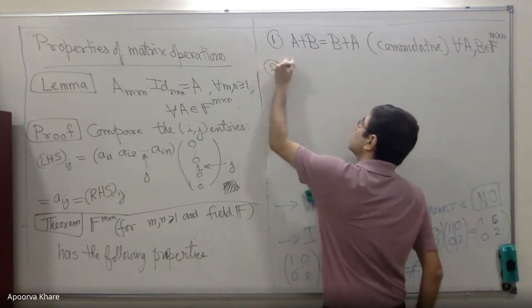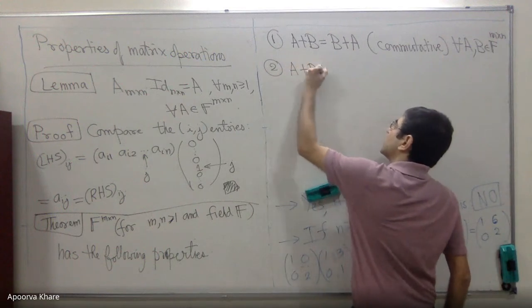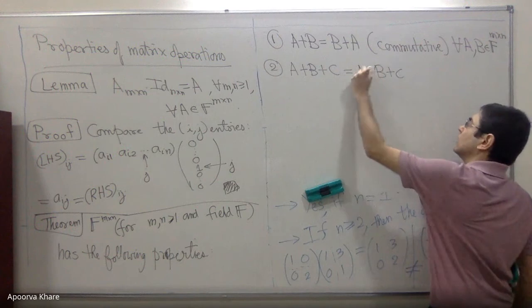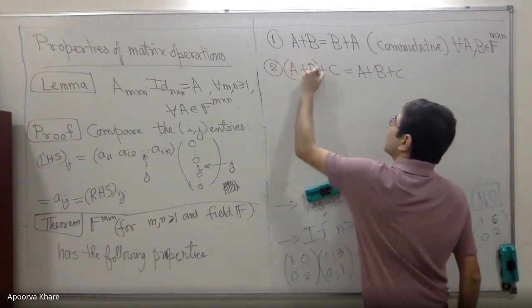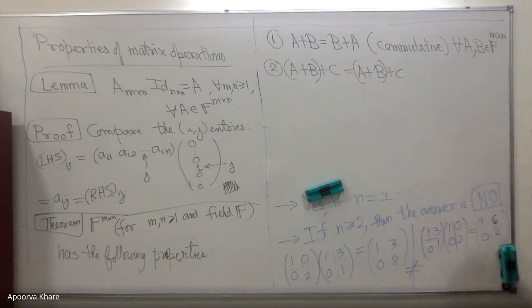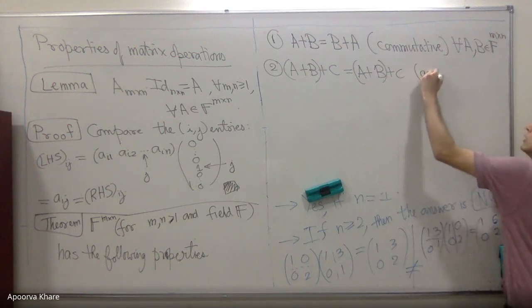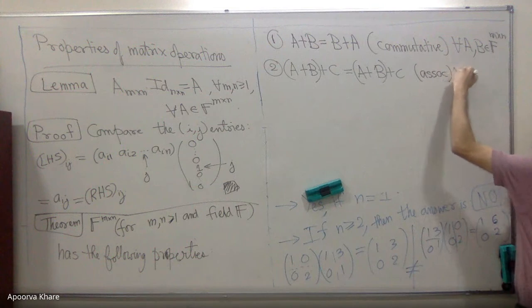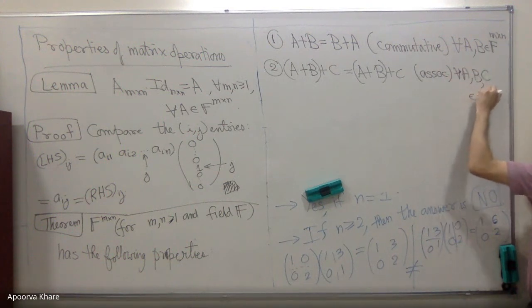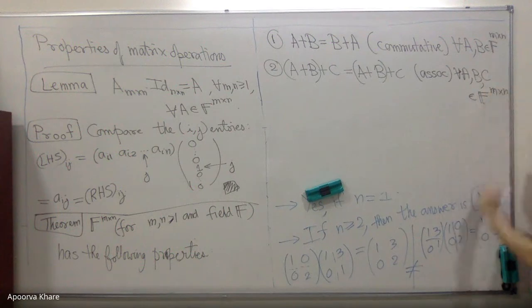Similarly, addition is associative: (A plus B) plus C equals A plus (B plus C). I can add them in either order, first these two and then the third, or the other two and then the third. Associative for all A, B, C in F to the m cross n.